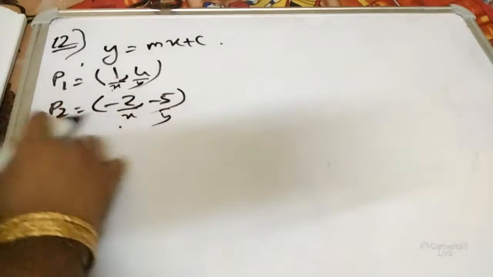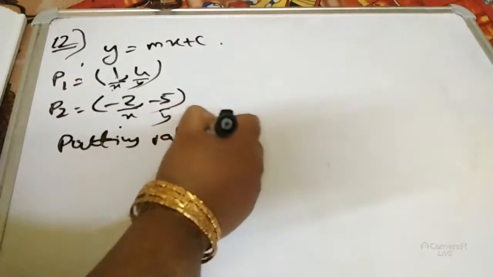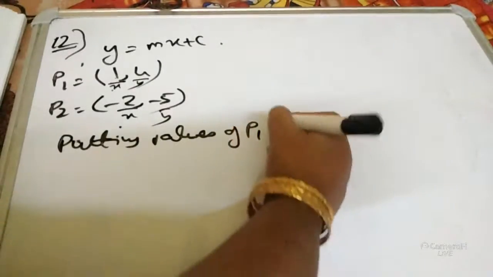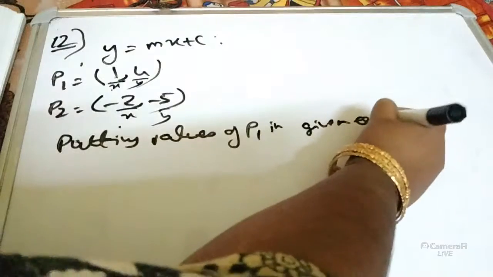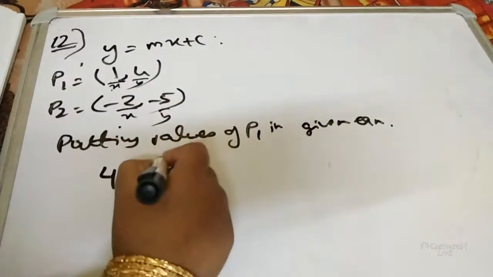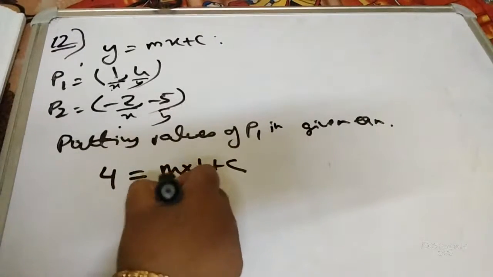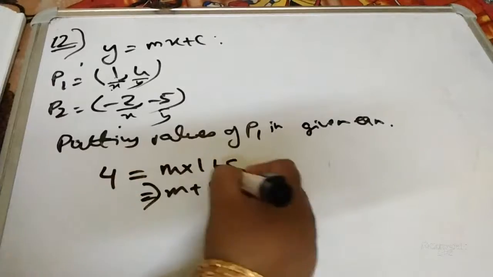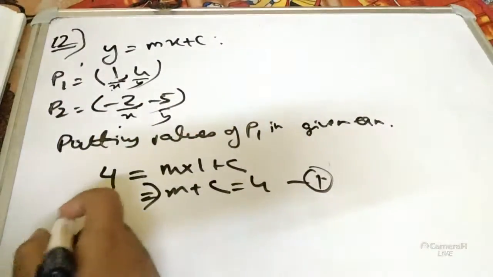Now let us put the values of p1 in the given equation. So y of p1 is 4. 4 is equal to m into 1 plus c. That is m plus c is equal to 4. This is our first equation. And what is the second equation?